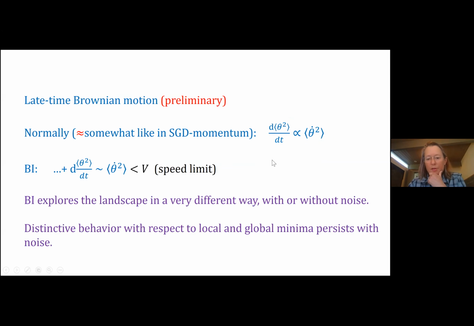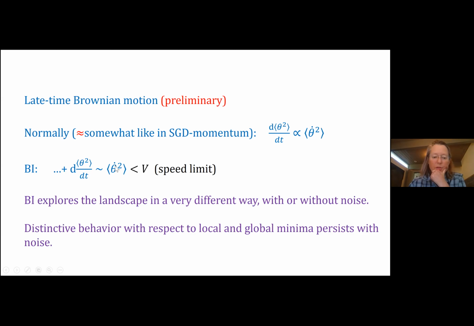And here's an attempt to summarize the point of that. These formulas get complicated very quickly, but there's a sense in which SGD with momentum is a glorified sort of Brownian motion, maybe with some anomalous exponent, but basically it's giving the familiar sort of diffusion on the parameter space, where you get formulas like d of the variance of theta over dt is proportional to the variance of the velocity.